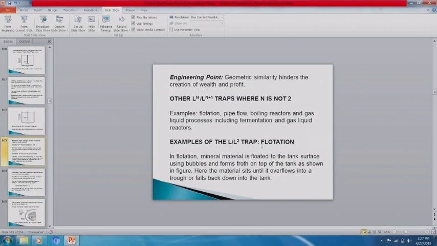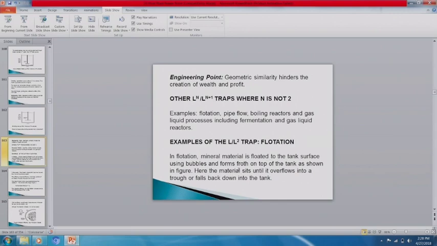One area is flotation. Basically it's an L squared trap here, and it represents another type of trap. It could happen in flotation, pipe flow, possibly in boiling reactors, gas-liquid situations, fermentation, that sort of stuff.